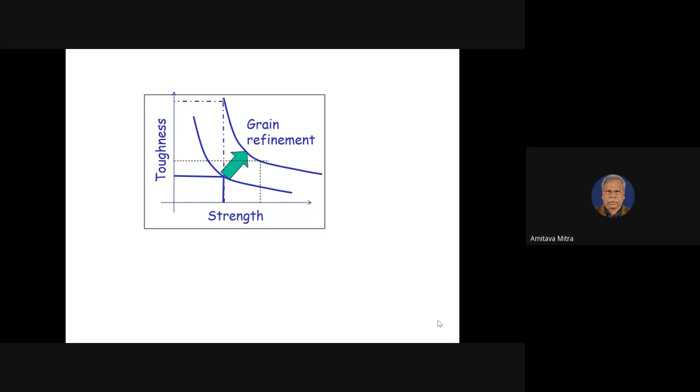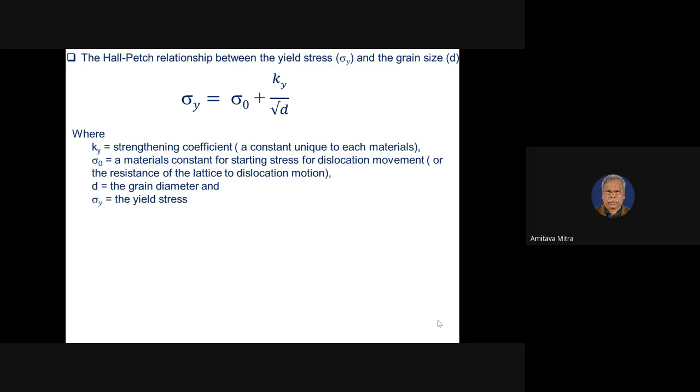So this criteria is used for the development of bulk nanomaterials for the structural applications. The strength and the grain size in this material is dependent on this famous equation, which is called the Hall-Petch relationship between the yield stress and the grain size.